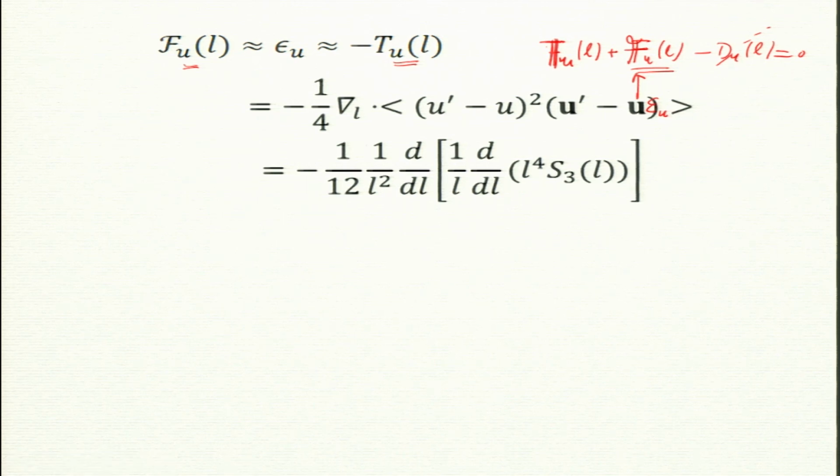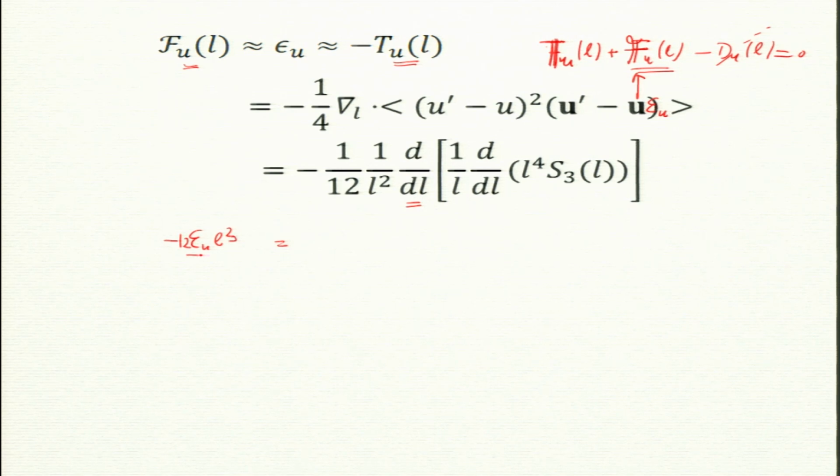Now, how do I do it? This is just straightforward. Take the 12 L square to the left. Let me do the last bit of algebra now: minus epsilon U 12 L square equals d by dl. Shall I do the integral again? Integrate the 2 d by dl. So let us do the first integral.